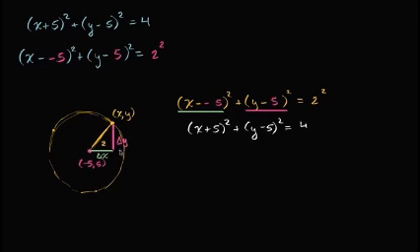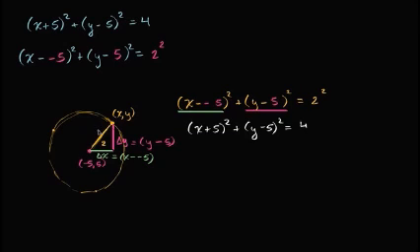The change in y is y minus 5, and our change in x is x minus −5. So this is just change in x squared plus change in y squared is equal to the hypotenuse squared, which is this radius.